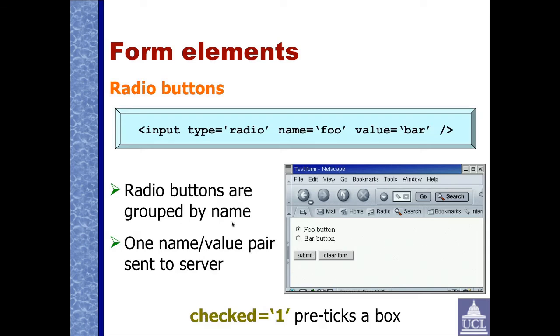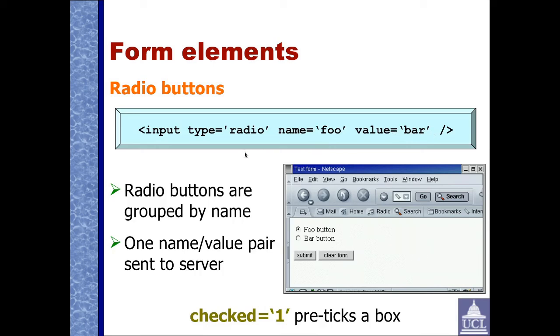Radio buttons are similar, but they're mutually exclusive. In this case, we create each radio button by using again an input tag. We say type equals radio, and name equals whatever we want to call it, and value equals whatever the value is.